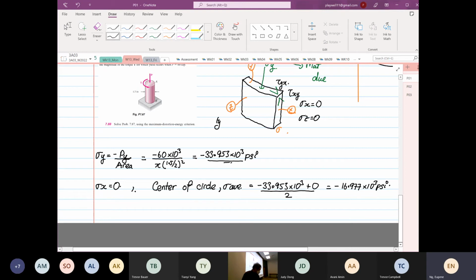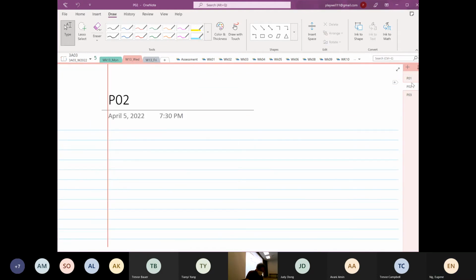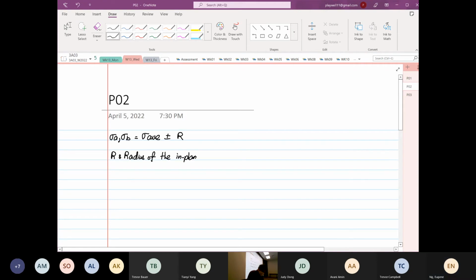So now if we are trying to identify stress A and stress B, we know stress A and stress B is equal to stress average plus or minus R. So R is the radius of the in-plane circle, and is also equal to our tau max, right?